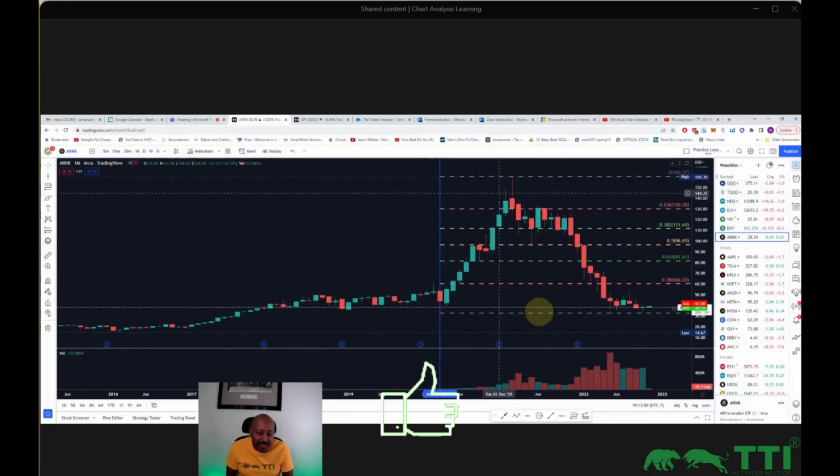Let's pause for a second. When it breaks that 78.6% retracement, what is the expectation? We're going to reverse, essentially. Yes. We don't know what's going to happen. We're either going to reverse to the upside, but we have to let this play out. Hold on, not reverse to the upside. Or it's going to change. Your fib currently is drawn assuming an upside. Or reverse to the downside. Right.